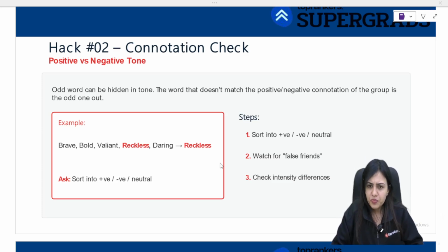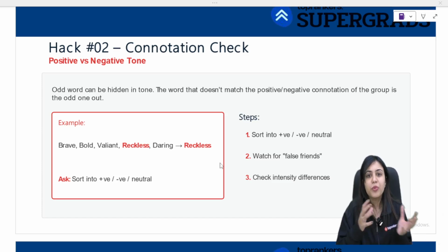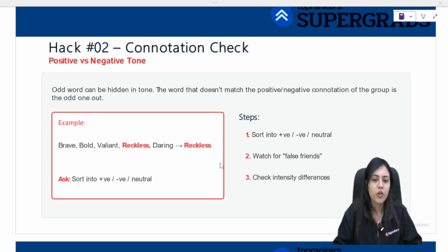Once you have identified four members of the group that follow the same connotation, you will automatically understand which one does not fit the context. In this case, brave, bold, valiant, and daring, all four of them have positive connotation.